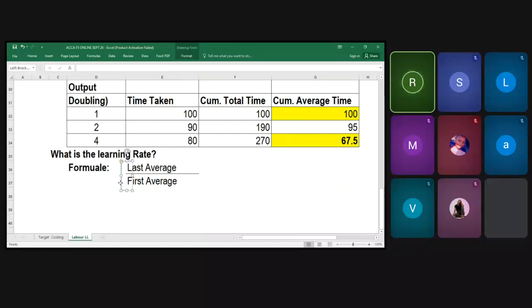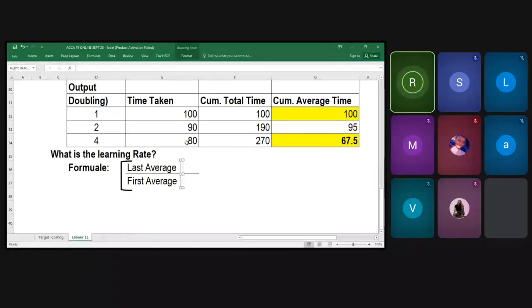This one is going to be my bracket, here in black so that it is visible. I think it makes a little more sense if I do that. All right, last average divided by first average.